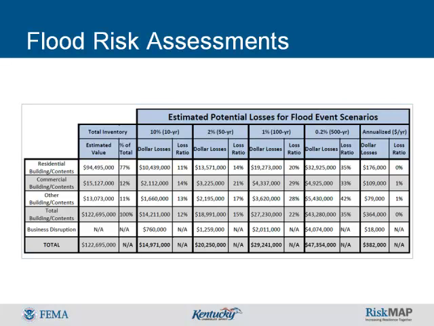Local officials may have more specific building inventory data, including critical facilities, which can be incorporated as user-entered data into HAZUS to be more site-specific and yield more refined results.